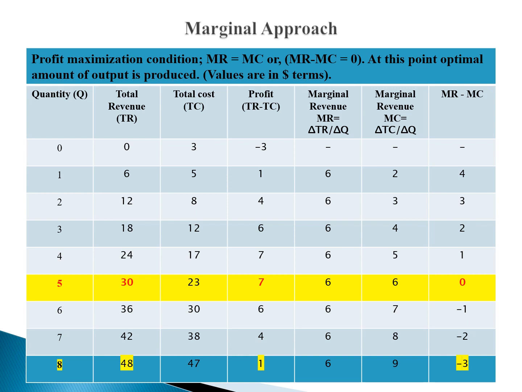That means profit is maximized at quantity equal to 5. So this is the profit maximizing condition, as we said, where MR is equal to MC or MR minus MC is equal to 0, and the profit maximizing level of output is 5.